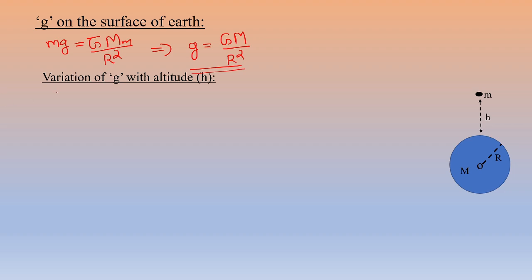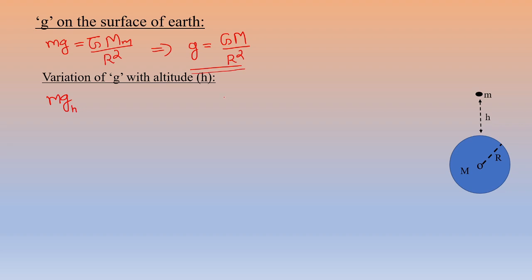So let us write the weight acting on the body when it is at a given height h, that is m g h, because here we are using g as the value of g at a given height.